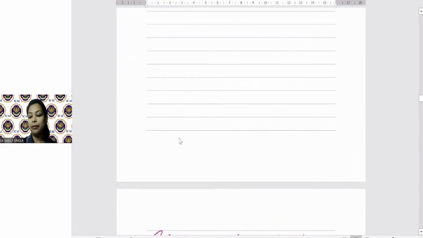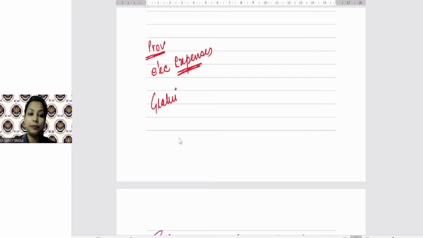Provision for, let's say, depreciation, for taxation, है ना? Provision for any of the employees' expenses, any employee benefit like your gratuity payable, your PF payable, कोई भी provision check करना है.